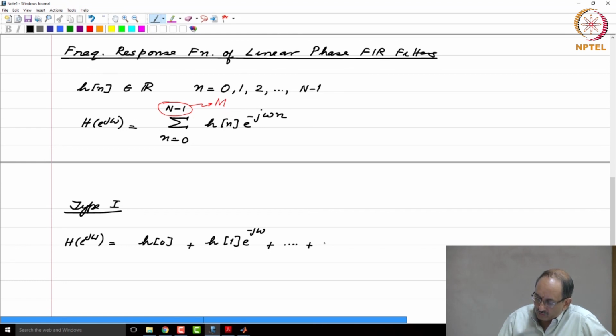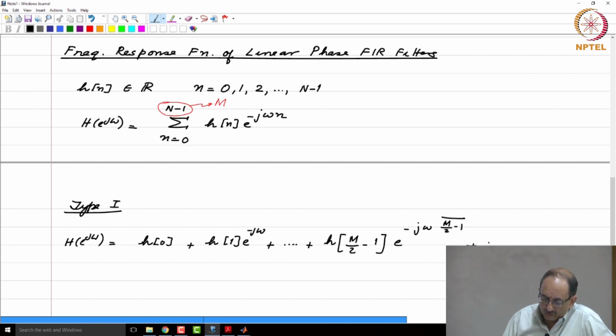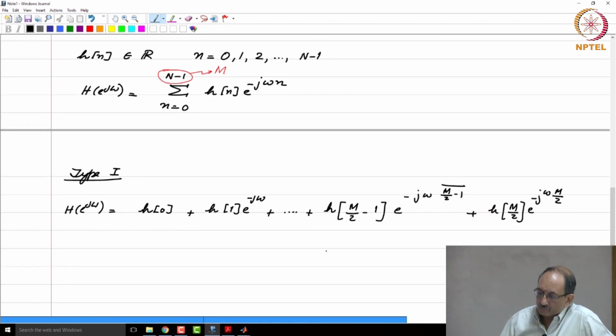So, we look at the penultimate term to the center sample. The center sample is h of M by 2. The previous sample therefore is h of M by 2 minus 1 e to the minus j omega. So, this is nothing but h of M by 2 minus 1, and then you have h of M by 2 e to the minus j omega M by 2.